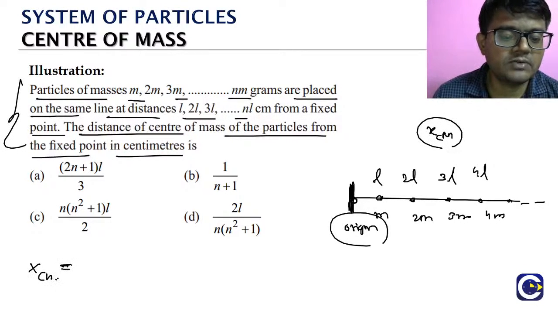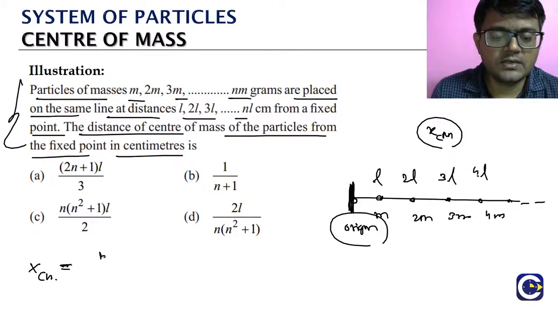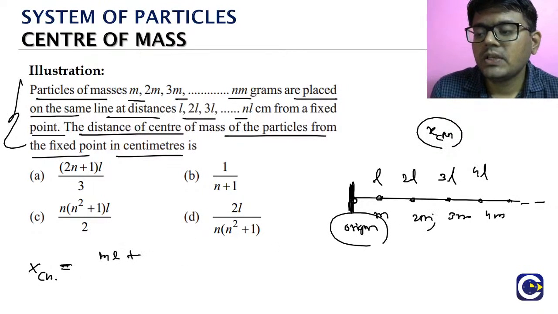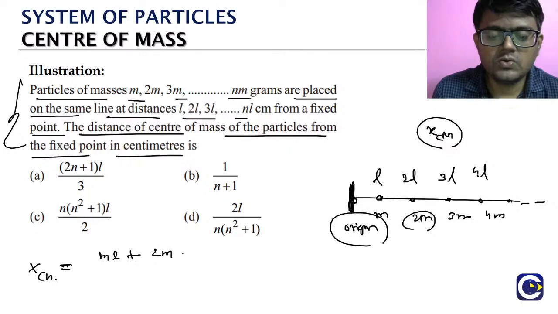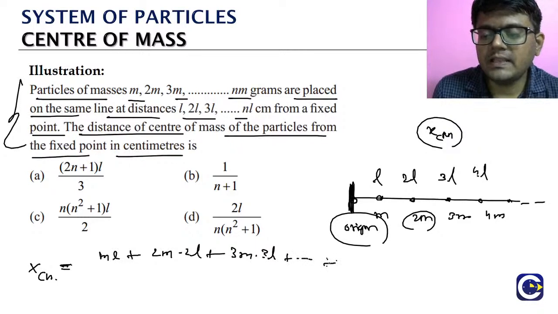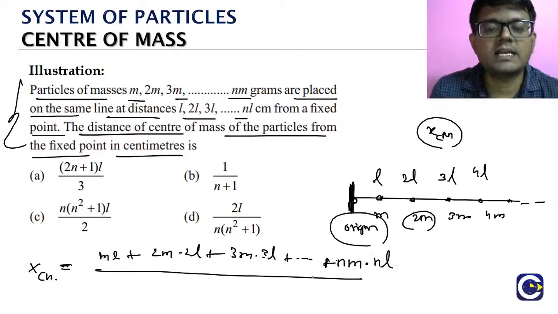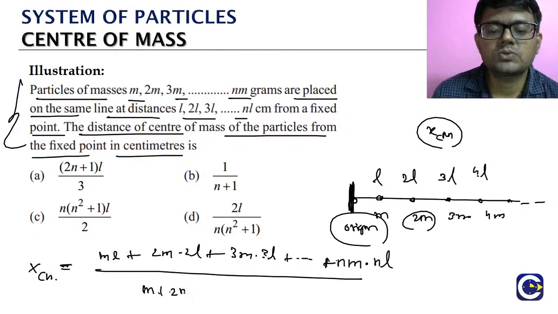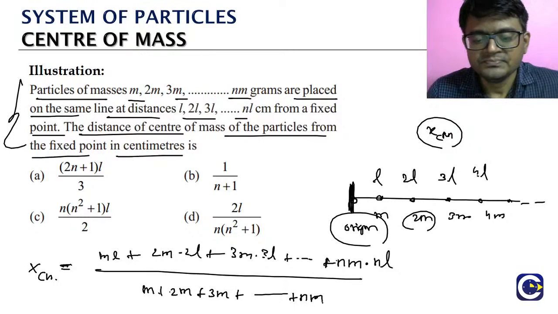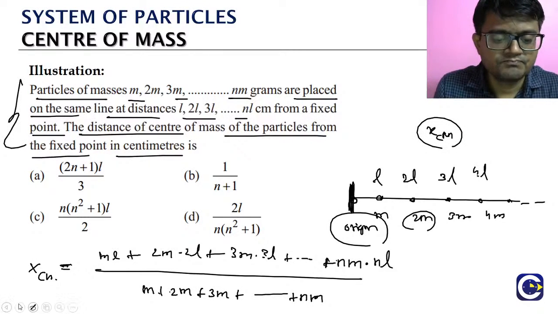It will be m1 x1 plus m2 x2 plus m3 x3 and so on up to nm into nL, because there are n number of particles. What will be the denominator? m plus 2m plus 3m and so on up to nm.